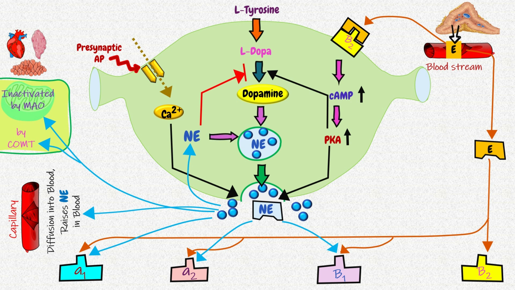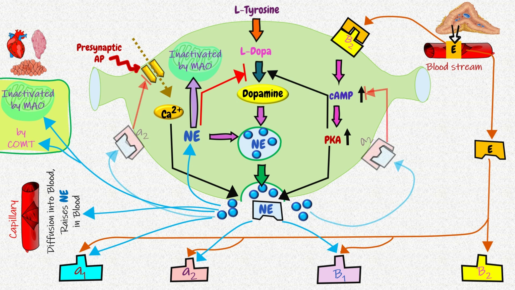Some of the absorbed norepinephrine enters intracellular vesicles. Some is reused and some is inactivated by monoamine oxidase. So this also produces negative feedback. As discussed before, stimulation of presynaptic alpha adrenoceptors, the autoreceptors, inhibits the further release of norepinephrine.